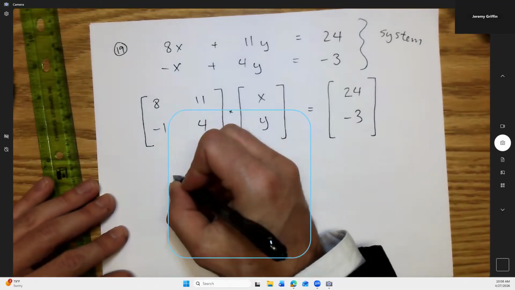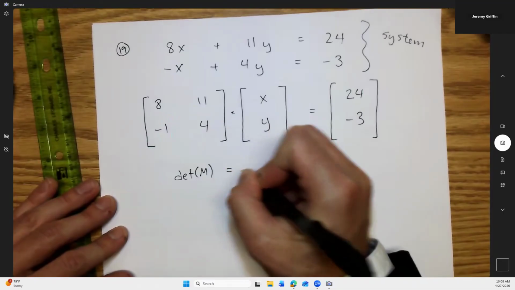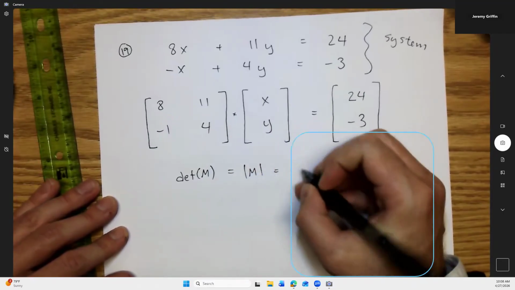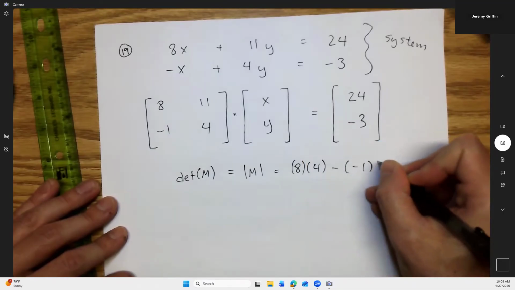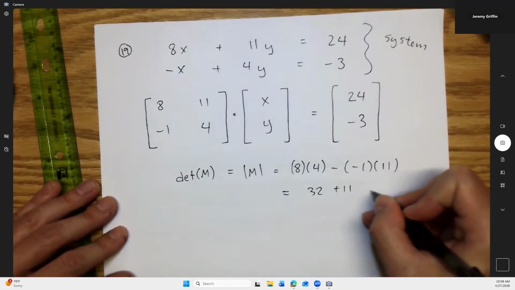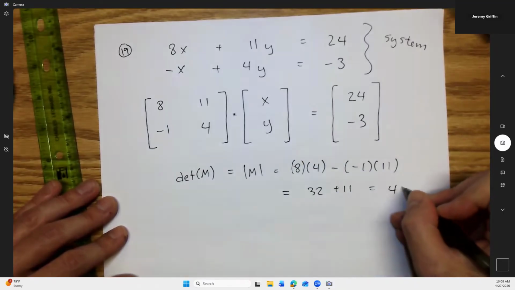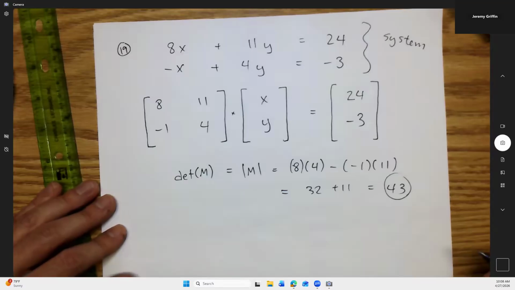Now let's find the determinant of the matrix. Would that be 8 times 4 minus -1 times 11? It's like 32 plus 11. Is that 43, I think?